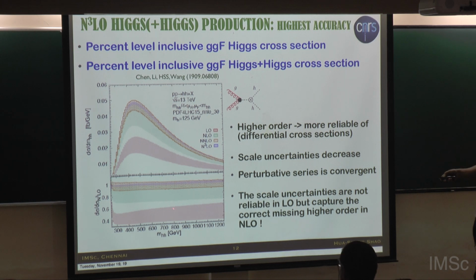And the important point is that the leading order scale uncertainty is in fact not correct, because the leading order scale dependence is too trivial. So the only more or less reliable scale uncertainty estimation, or theoretical uncertainty from the perturbative truncation, is at next to leading order.